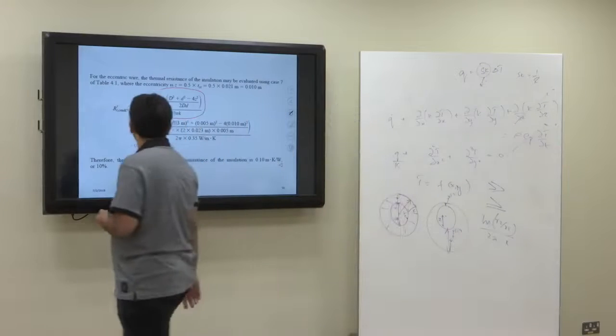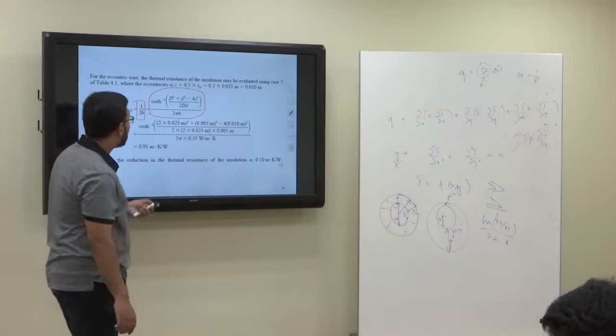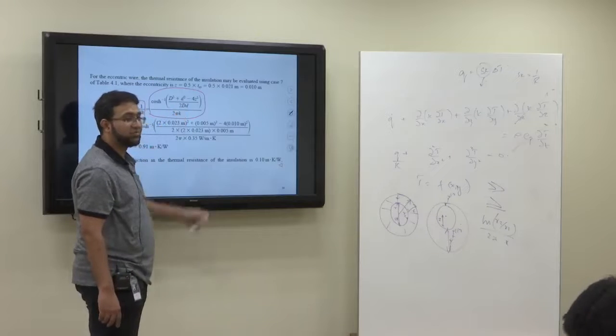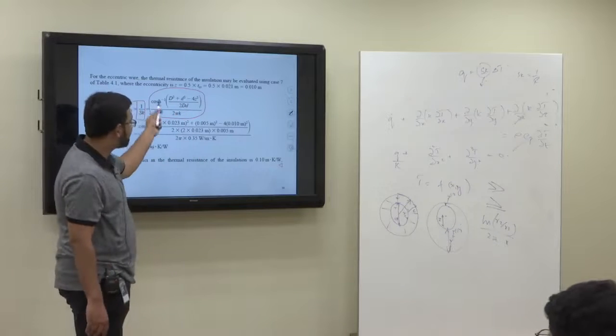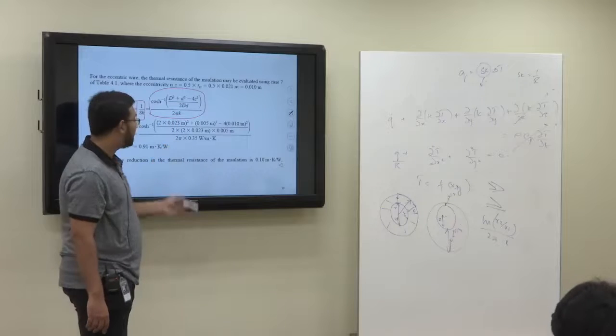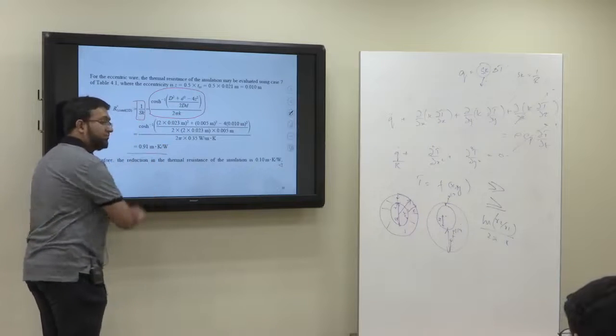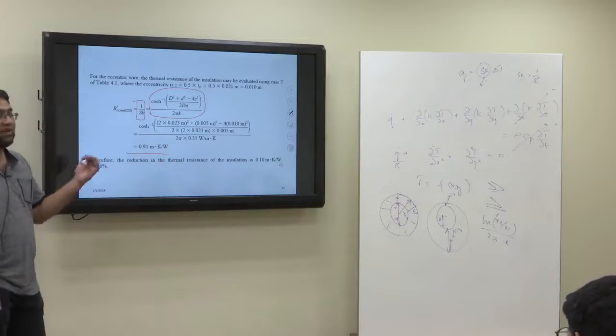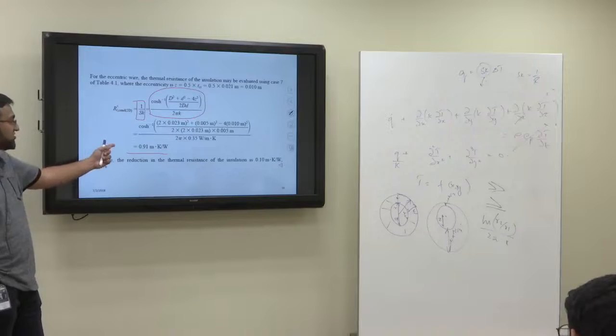So now we just need to substitute all the values and we will get the new resistance. So previously we had a resistance, now we have a new resistance. We can see how much is the change.